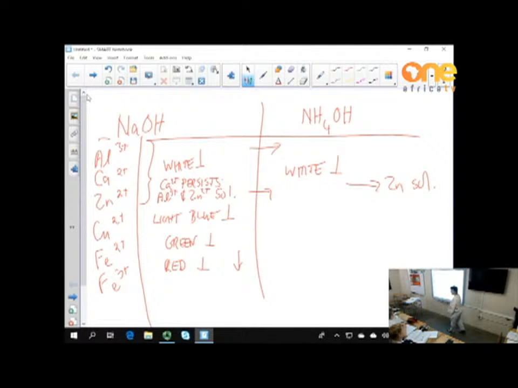Then with the rest, we got a light blue precipitate, a green precipitate, and a red precipitate. Although here by the copper, on adding excess, what did we get? Dark blue solution. All right, in other words, the precipitate becomes soluble.